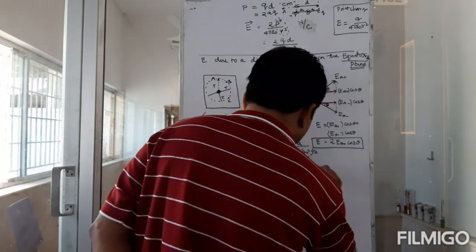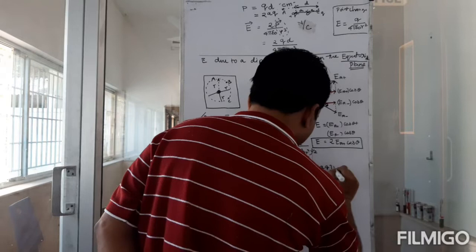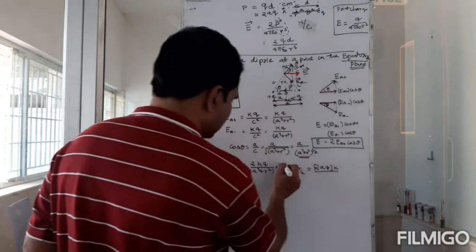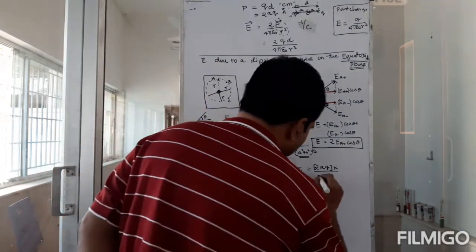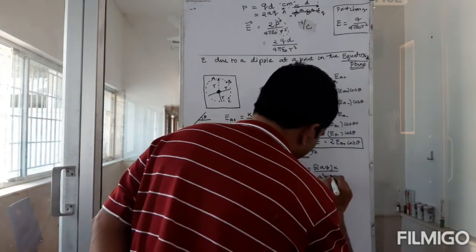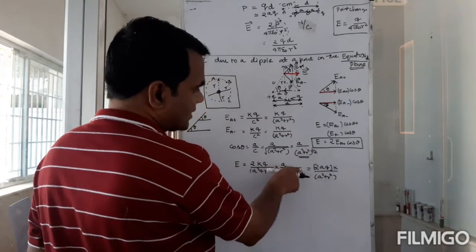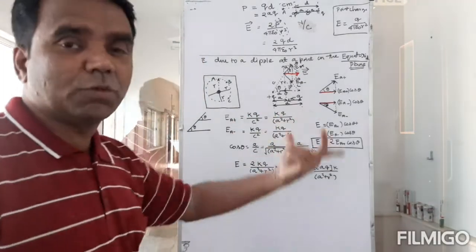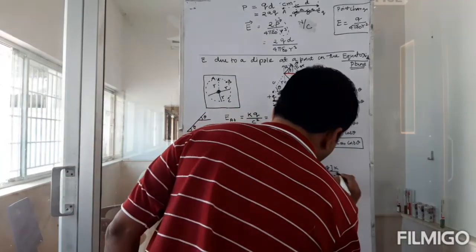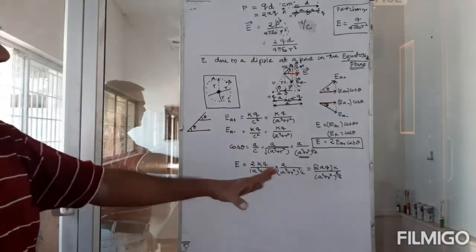It gives me 2A cube into K divided by A squared plus R squared, the whole power. This power is 1, this power is half, just 1.5. When I add these powers, 1 and a half must be 1.5, which can be written as 3 by 2.